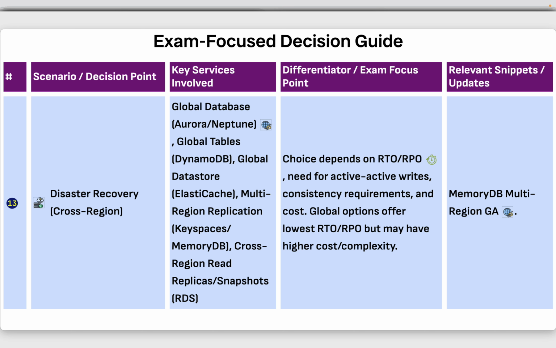Some key services that are involved: basically two regions, let's say one in the US and one in Europe. So that kind of situation. And now we will have the global databases. We have Aurora, Neptune, global tables in DynamoDB, global data store in ElastiCache, multi-region replication through Keyspaces and MemoryDB, then cross-region read replicas and snapshots, which are offered in RDS.